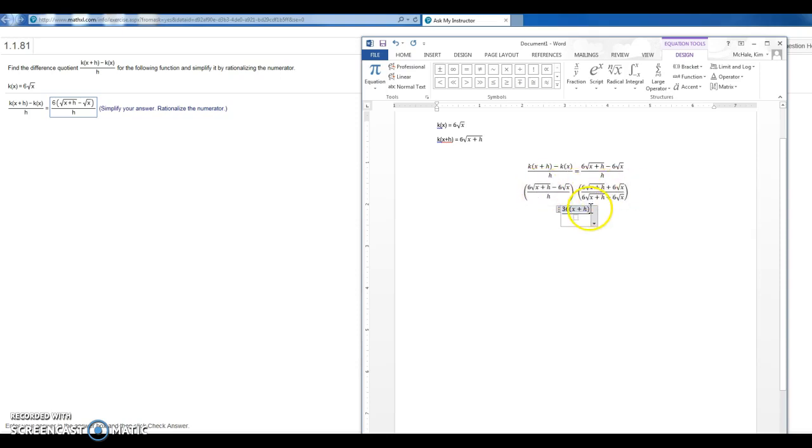And then for the L part of FOIL, or last, I'm going to get negative 6 square root of x times 6 square root of x, and that'll be negative 36 for the 6 times 6, and then square root of x times square root of x is x. And this is over h times all of this.